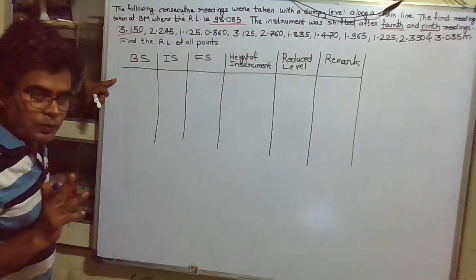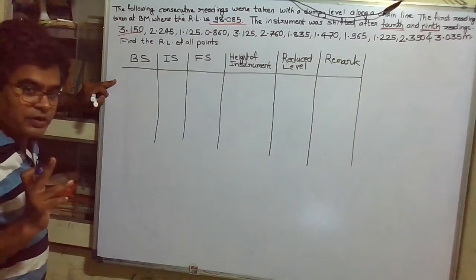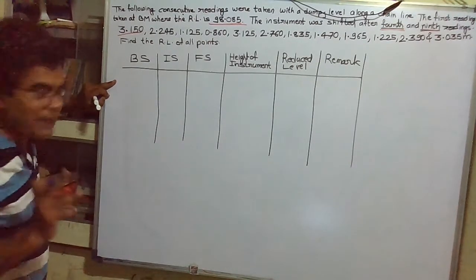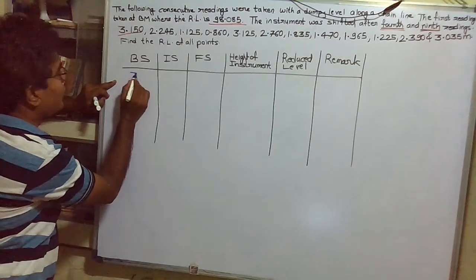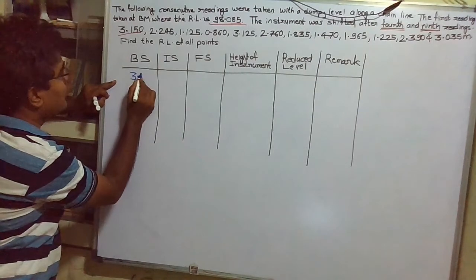The first reading taken by any setup of instrument is the backside. So here first reading is 3.150.